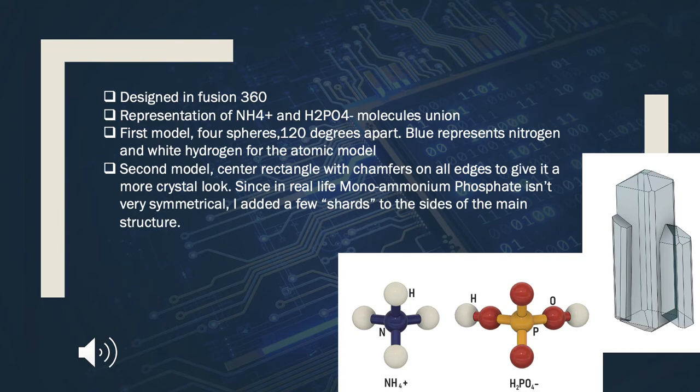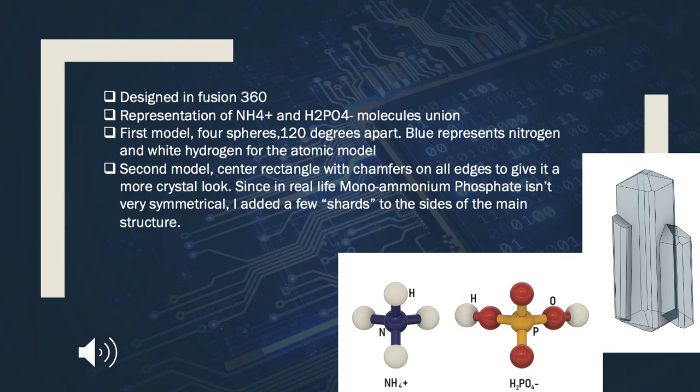Then the H2PO4 molecule was modeled by copying the NH4, adding two extra spheres and repainting it. The center sphere represents phosphorus, the surrounding spheres are oxygen, and the two outermost spheres are hydrogen. Now for the second model, the actual representation of the crystal, I looked at some real life models of monoammonium phosphate to get inspiration, and modeled a center rectangle with chamfers on all edges to give it a more crystal look.